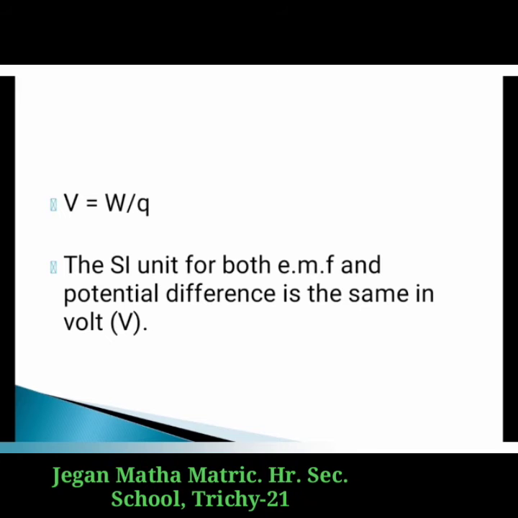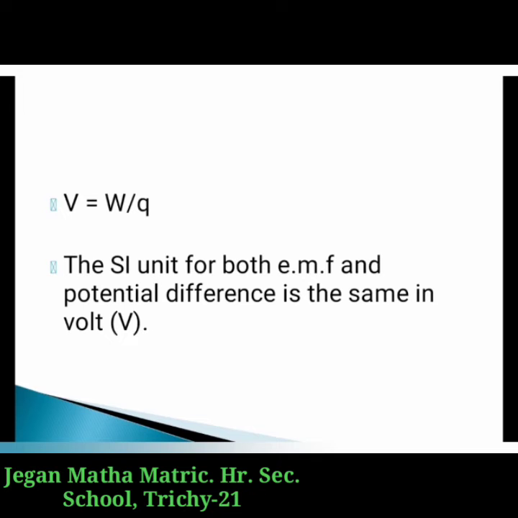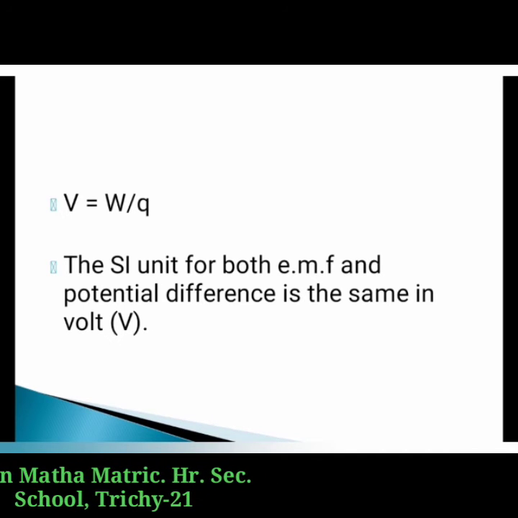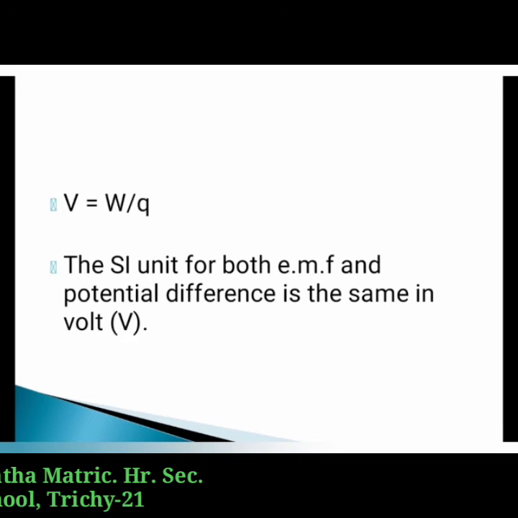For each coulomb of charge passing through the light bulb, the amount of electrical energy converted to other forms of energy depends on the potential difference across the electrical device or any electrical component in the circuit.